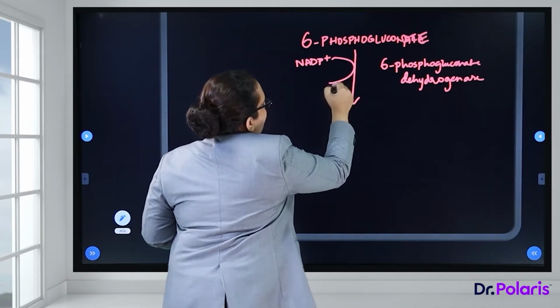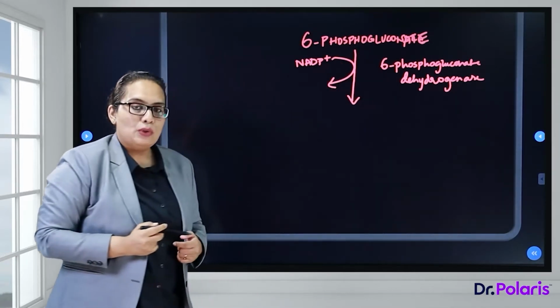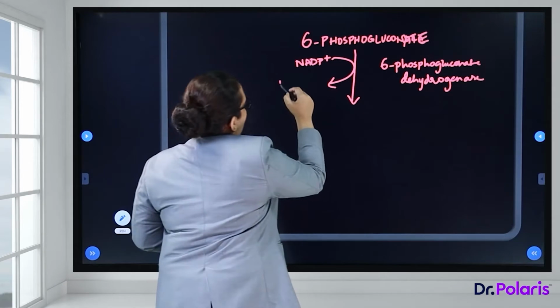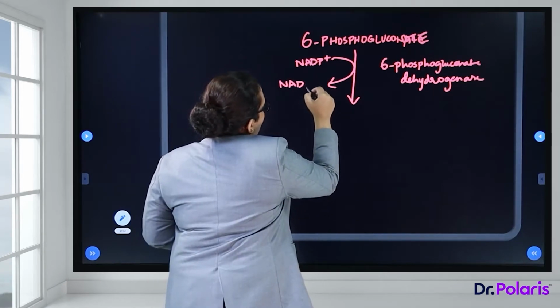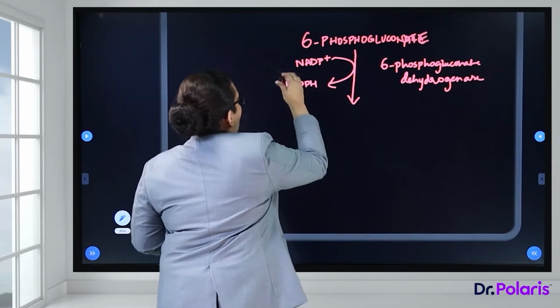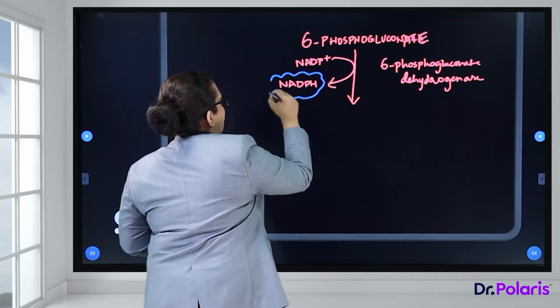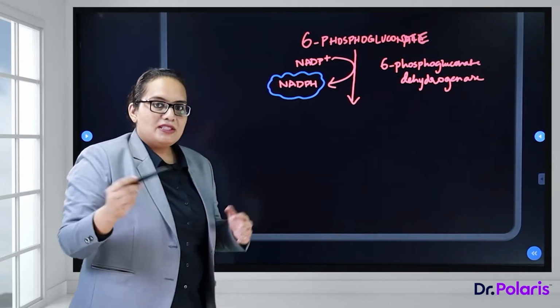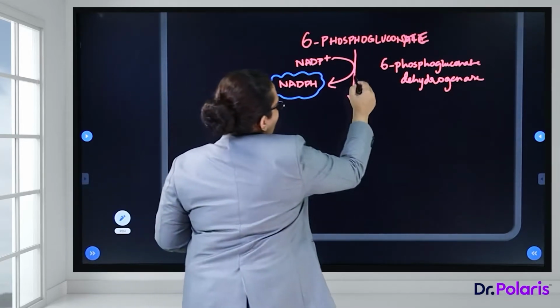NADP accepts the hydrogen from 6-phosphogluconate to form NADPH, again an important product of this oxidative phase. And at the same time, there is removal of a carbon dioxide.